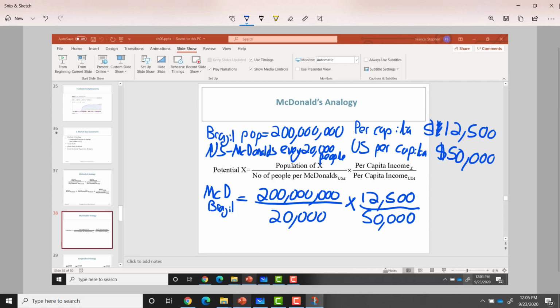So this is going to be 1/4. And we get a potential market size of 2,500 restaurants.